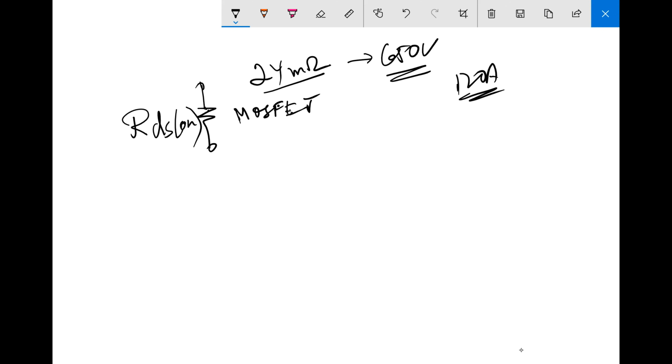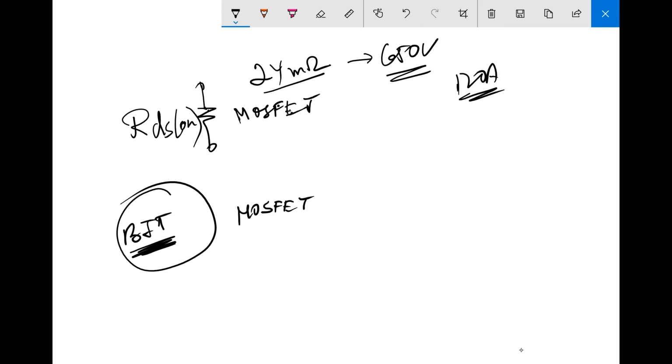Now, let me mention the fact that these are MOSFET transistors, while we are actually now moving away from the BJT transistors that have been used in power electronics, but because there was nothing else.